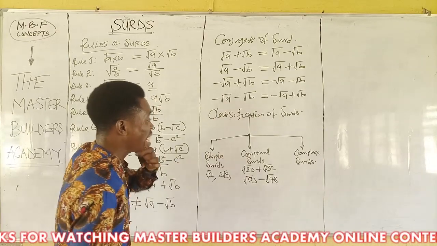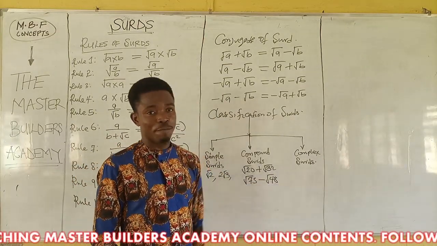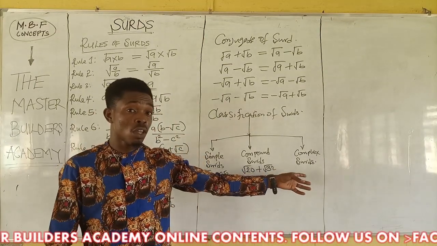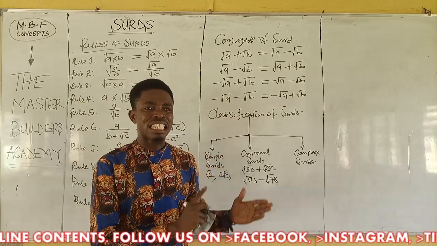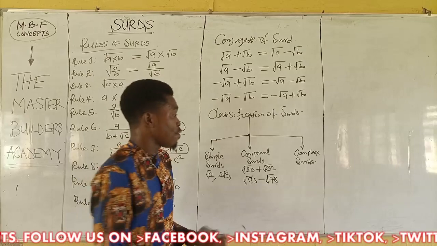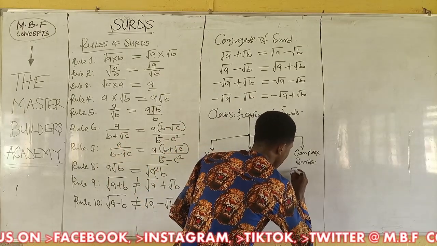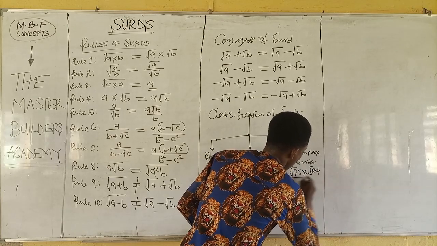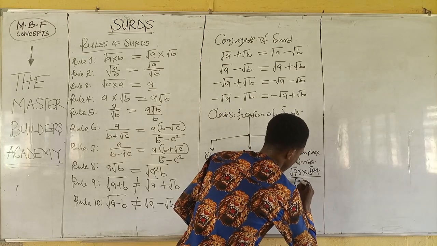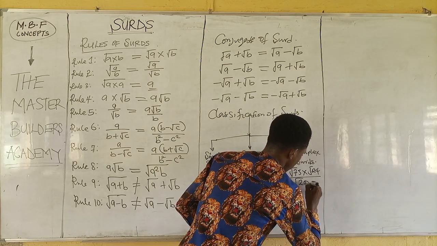All right. Now, finally, we have the complex surd. Under the complex surd, this is where we look at the multiplication and division of surds. If, for instance, you are given the root of 75 times the root of 24 all over the root of 200.